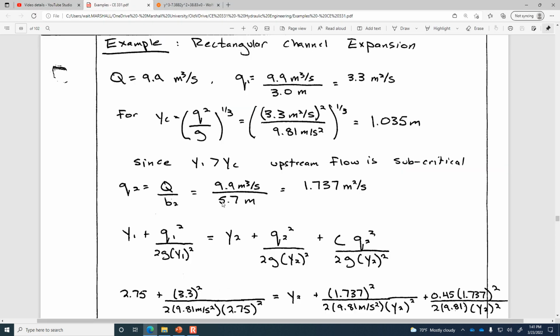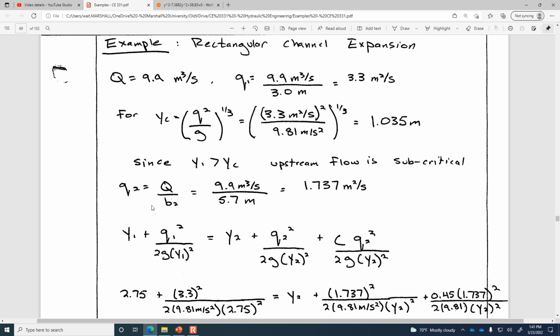All right, so we found flow per unit width at 1 is 3.3 meters squared per second. From that, found the critical depth. And since the given flow depth is more than the critical depth, then upstream the conditions were subcritical, which we keep in mind because that's going to help us to pick which root applies when we solve the cubic equation.